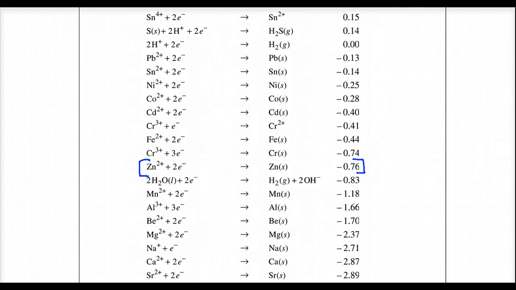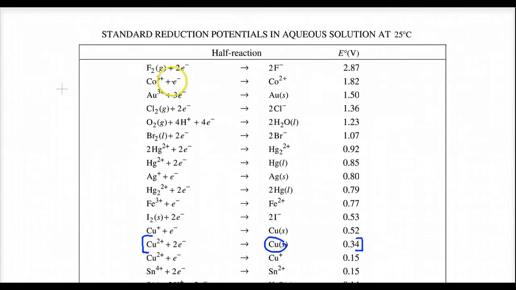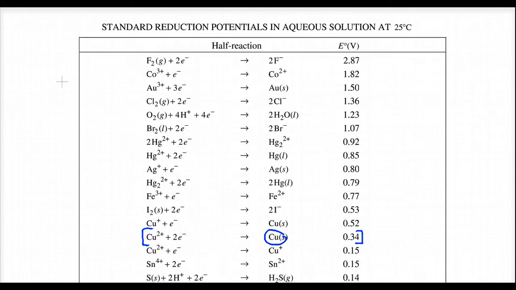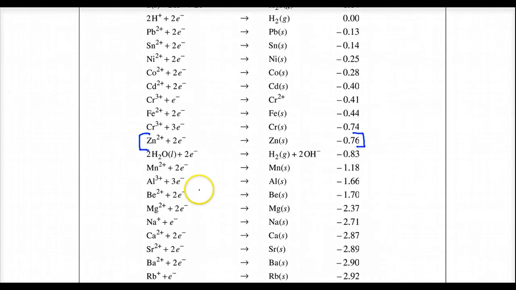Well, very simple. We're looking for who's going to oxidize better. Since this is a reduction table, meaning we're gaining electrons, or charge is going down, metals don't like to gain electrons. So ions of metals should have negative reduction potentials to show that it doesn't happen very well, which means that the forward reaction really works.